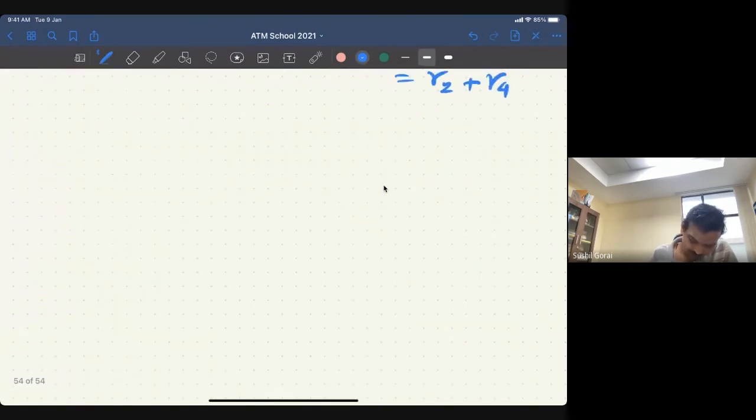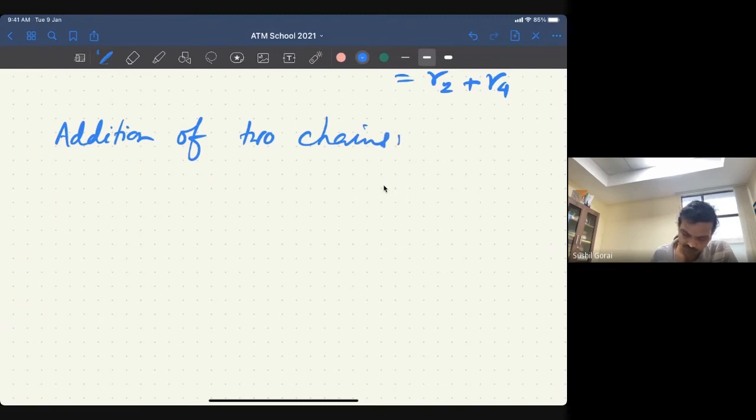Next is addition of two chains. Addition of two chains is the corresponding sum: you add the corresponding curves. You write gamma 1 plus gamma 2 plus gamma n, whatever. If there is a repetition, you actually give a multiple.